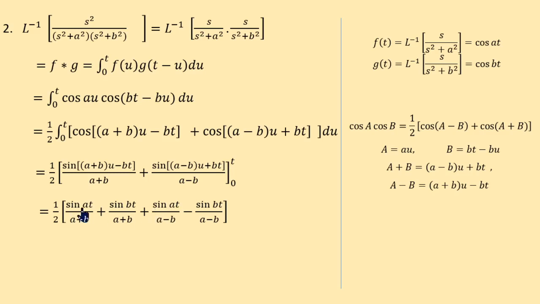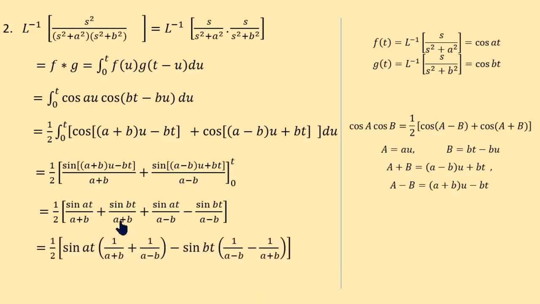Take sin at common outside, 1 by a plus b plus 1 by a minus b, and from these two take minus sin bt outside, 1 by a minus b minus 1 by a plus b, because I have taken the minus sign outside, so this becomes minus, minus minus plus.